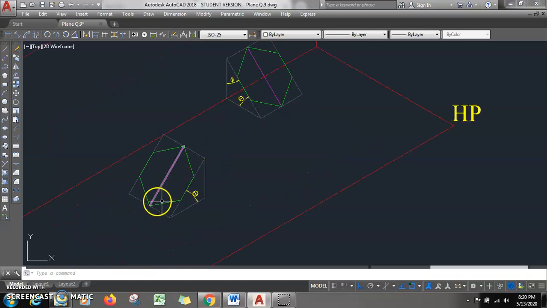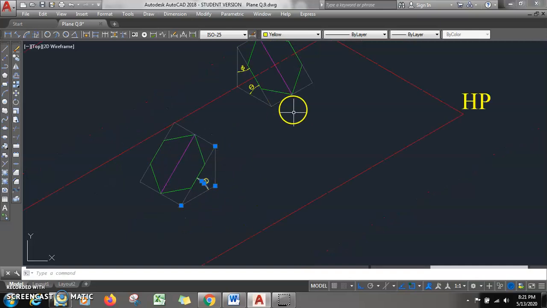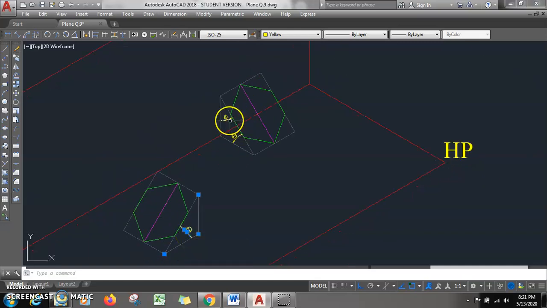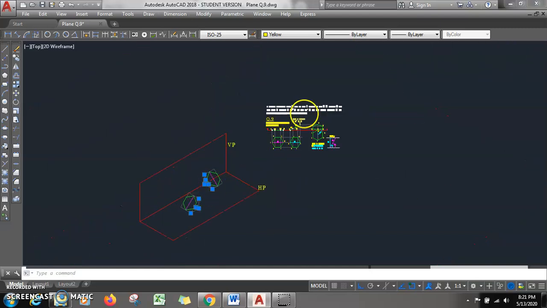Then in the second step, we have made this plane inclined to the horizontal plane by an angle theta. If theta plus phi is 90 degrees, then for the third position we need to rotate this plane by 90 degrees. So when theta is 30 degrees, phi will be 60 degrees, and that is the given.